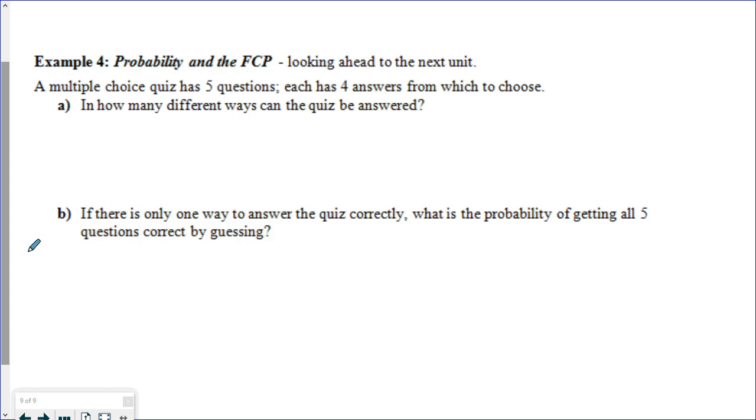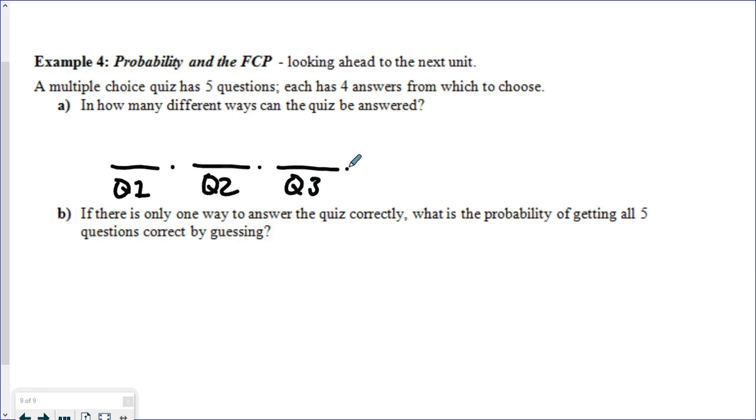So it says a multiple choice quiz has 5 questions. Each has 4 answers from which to choose. It's just a little short quiz. There are 4 multiple choice options, A, B, C, D, for each of those. In how many ways can the quiz be answered? So we have question 1, question 2, question 3, question 4, and question 5.